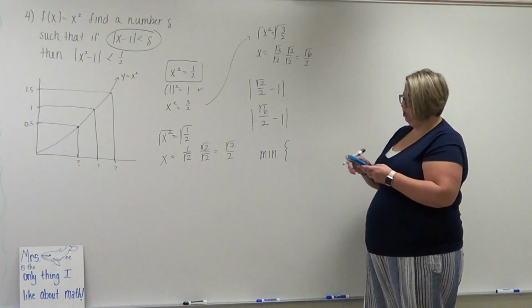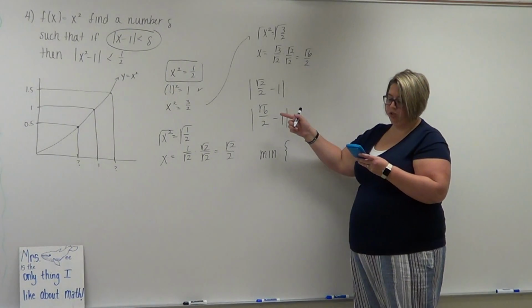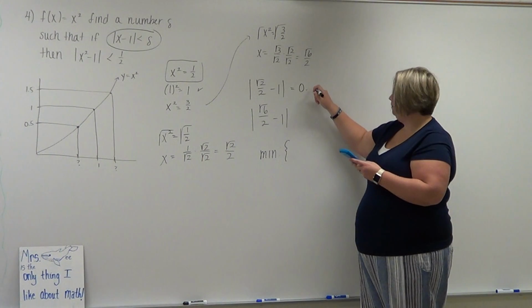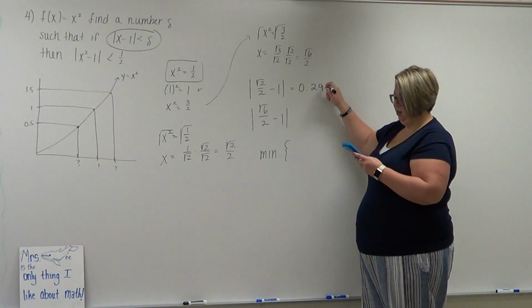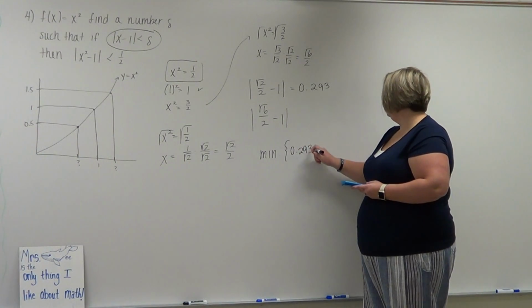Okay? So I take square root of 2 over 2, subtract 1. I get negative 0.293, but since it's absolute value, this would be 0.293. Okay?